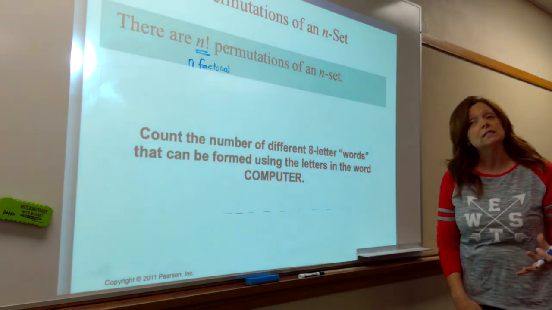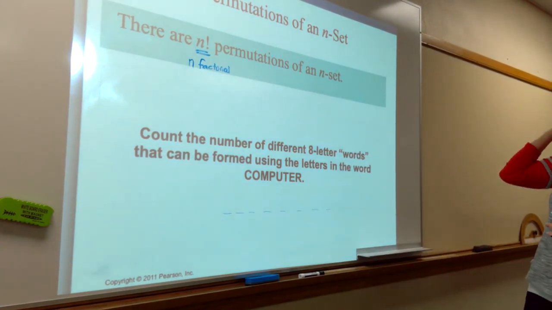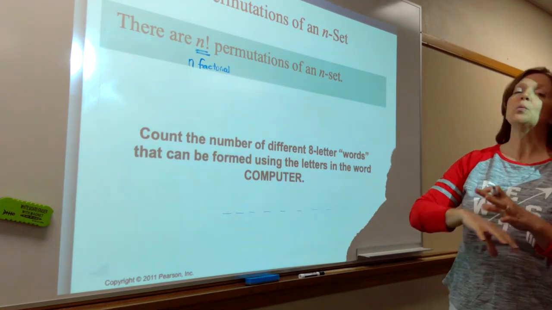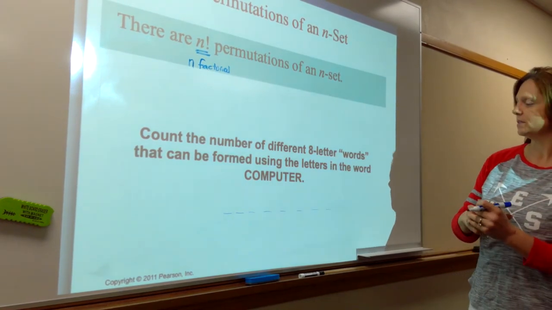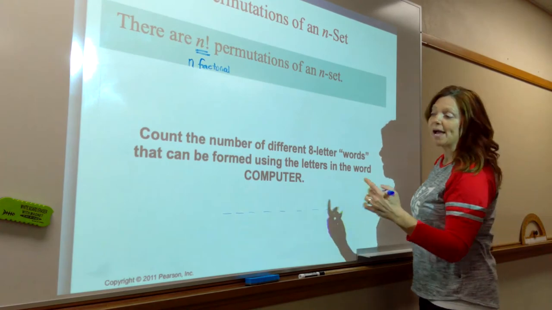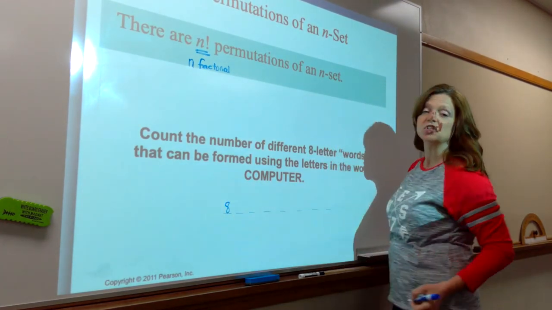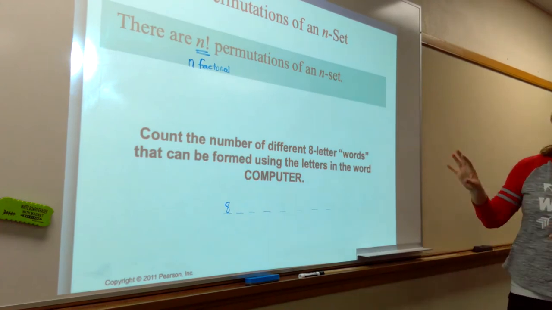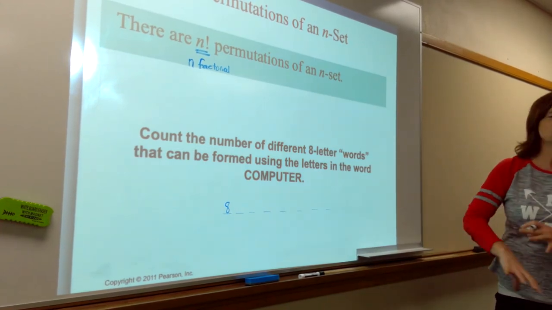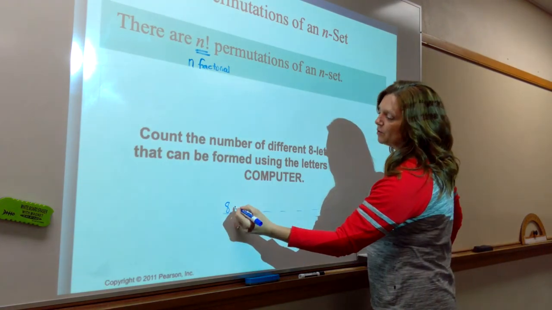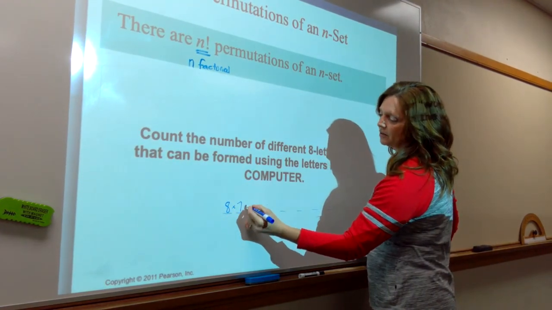So I can use my staging, okay? And we are using just those letters, so we're not gonna repeat those. That's the implication here. So I could put any one of those 8 there. And then I have to pick a different letter. So then I would only have 7 choices for the second letter.